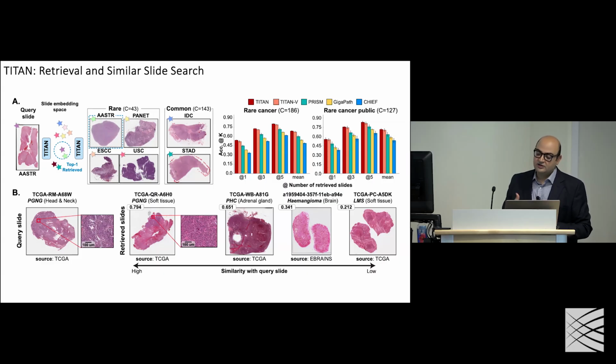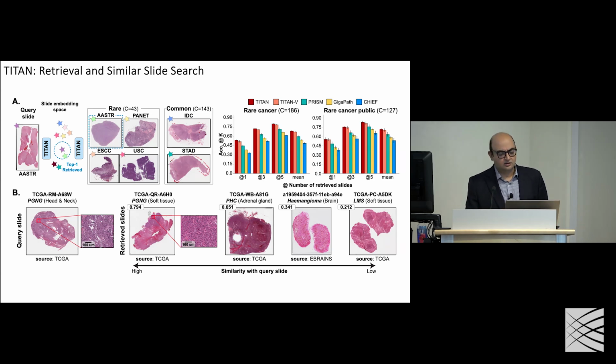And here we try to do it computationally because we have slide level representation. It's very easy to build a database, find what the closest slide would be in feature space, and could help diagnose rare disease.